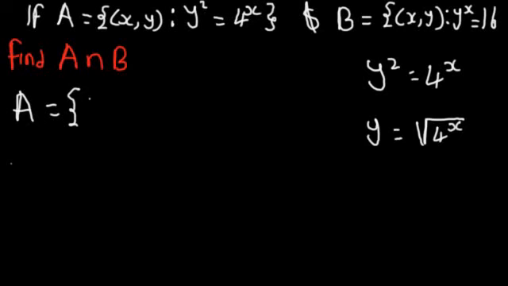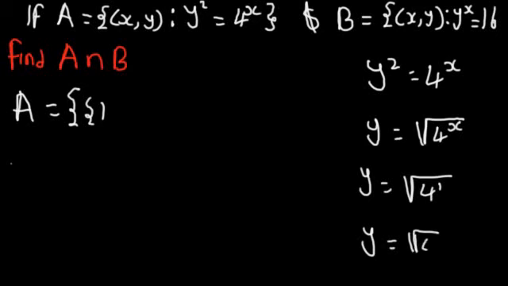So if x is equal to 1, what should be the value of y? The value of y will be equal to the square root of 4 raised to the 1. And 4 raised to the 1 is 4. So y will be equal to the square root of 4, which is equal to 2. So we have 1, 2.